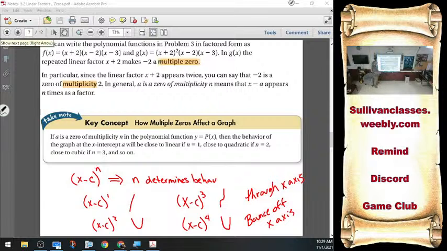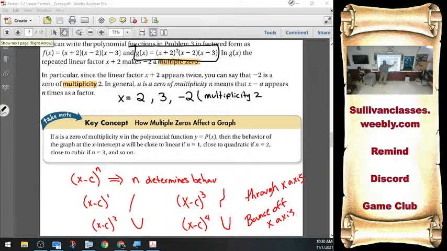I also want you to know that the way the book wants us to write this is, like for this guy up here, they would say that x is positive 2, positive 3, remember set them equal to 0, negative 2, and the book says multiplicity 2. Mathematicians are notoriously lazy and don't like writing things. So this isn't in any book I've ever seen.